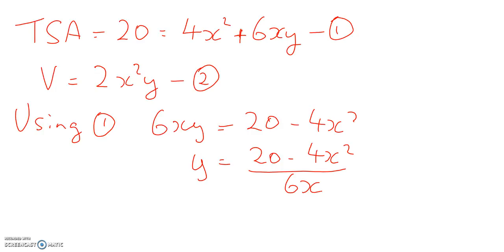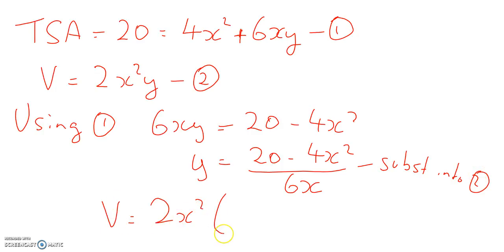Okay, so substituting this into equation 2, we're going to end up with V equals 2x squared times 20 take 4x squared all over 6x. Okay, so there's our expression.